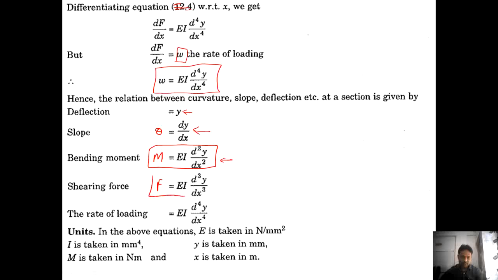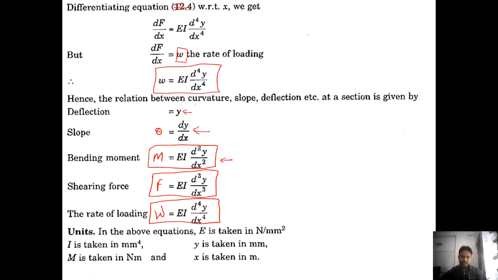Differentiating the same equation again with respect to x, we got the rate of loading, w equals EI d4y by dx raised to 4. Got it? These are the terms we have found.